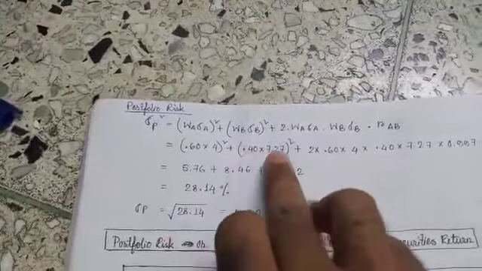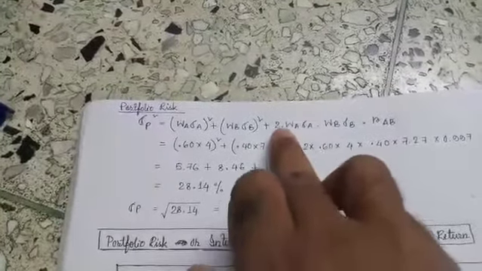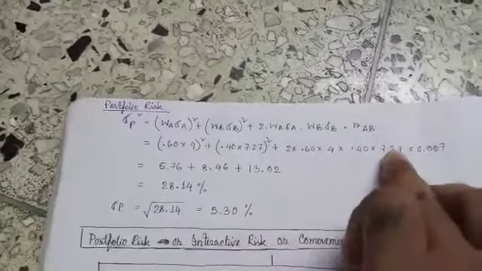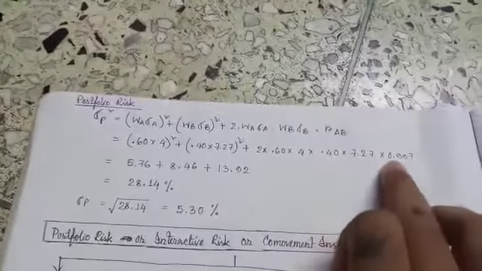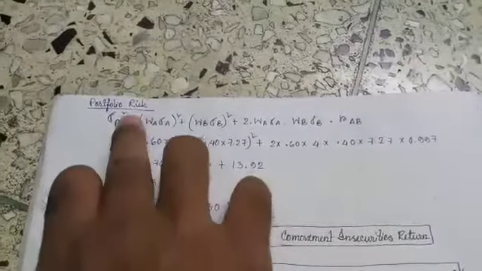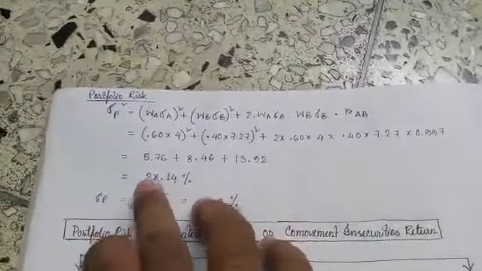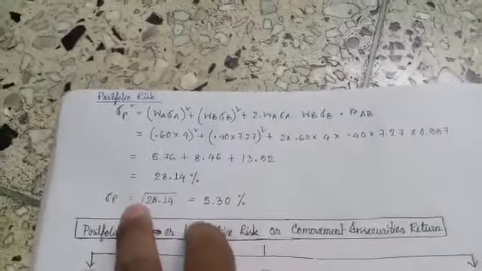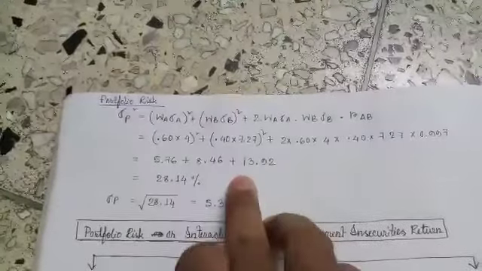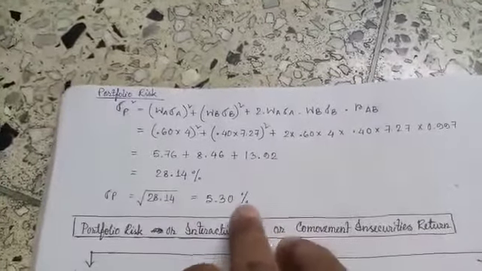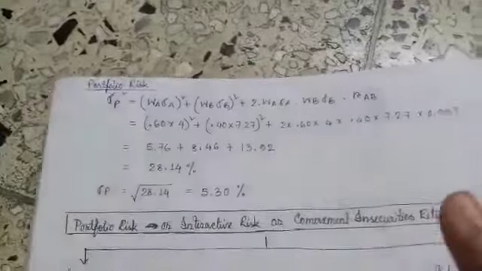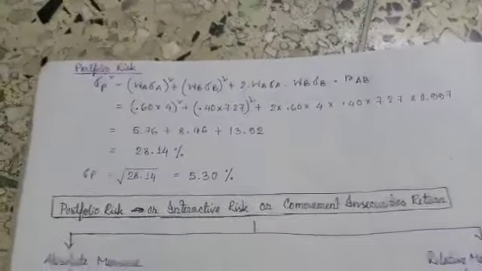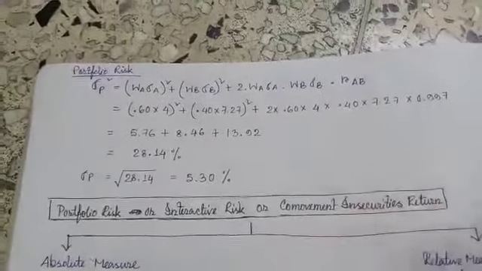Then 2 into WA into sigma A, WB into sigma B, RAB is calculated earlier, it is 0.997, and here the variance of portfolio comes to 28.14%, and the risk associated with the portfolio is the root of the variance, and it comes to 5.30%. So the risk associated with a two asset portfolio consisting of two securities A and B is 5.3%.